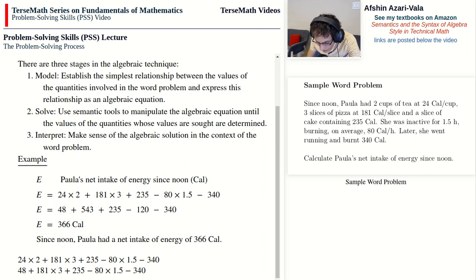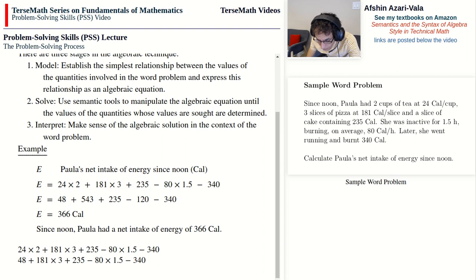And now I go to the next line, and here I have to go from left to right again. BEDMAS says go from left to right and do multiplications. So now I have 48. I shouldn't add because the next thing to do is to multiply 181 by 3.